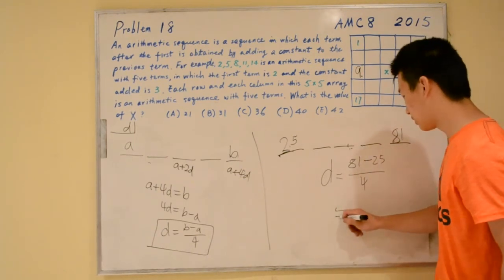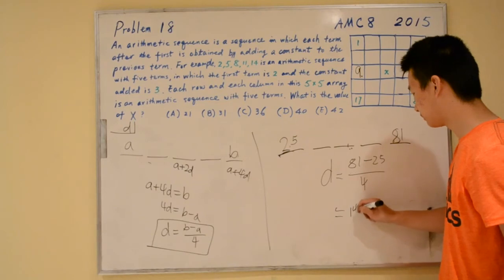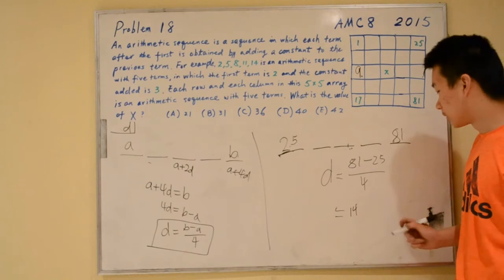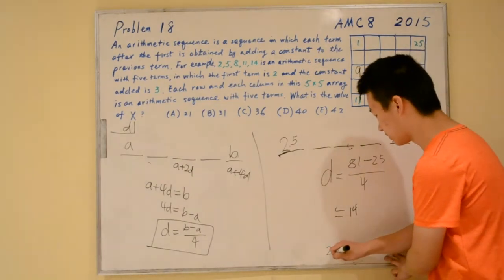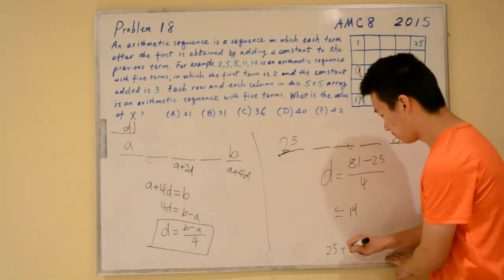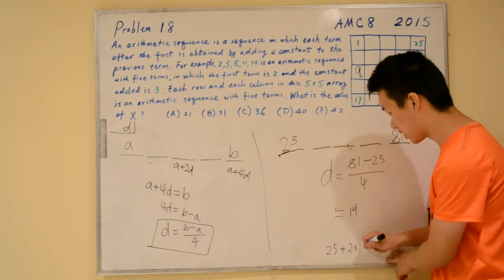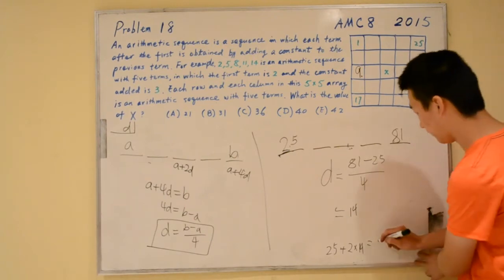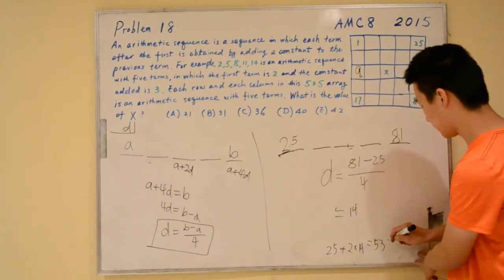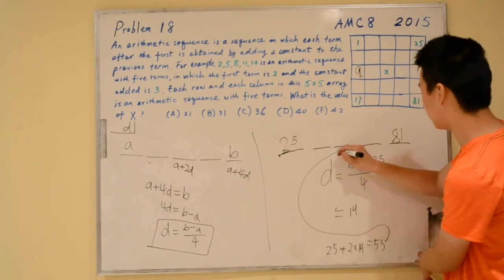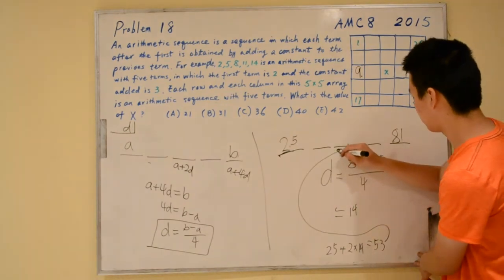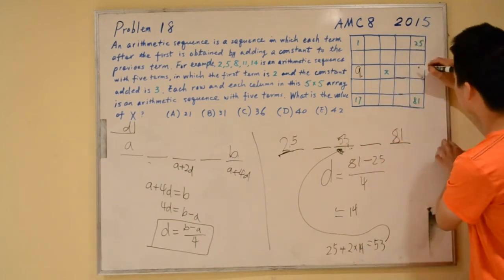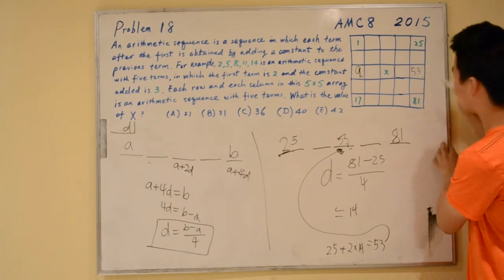So this turns out to be 14. Now that we know what d is, we can find the middle term. The middle term is just the first term plus 2 times the common difference. So this equals 53. So the middle term is right here, 53.